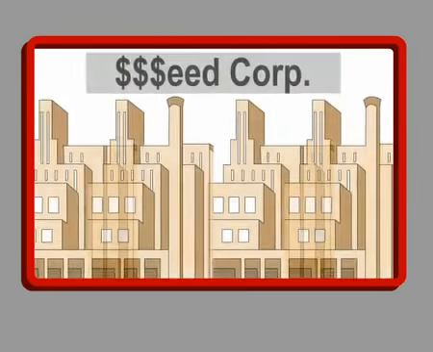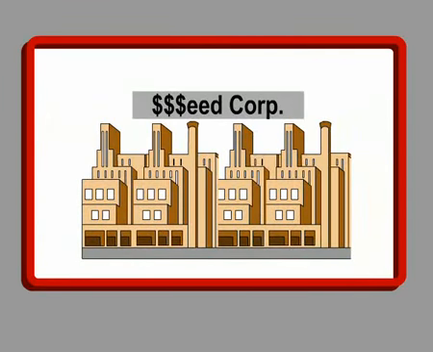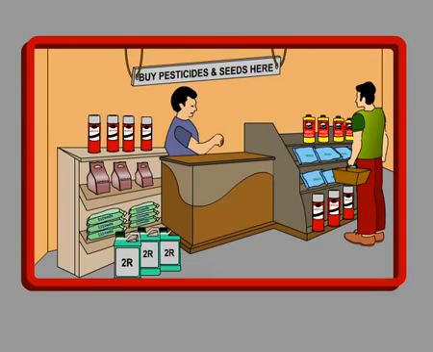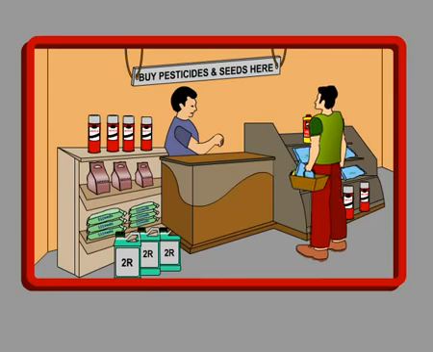Not many people realize that GE rice is created and patented by huge agrochemical companies solely for profit. Patenting means that farmers cannot save and use seeds like they have done for generations. Instead, they will have to buy new GE seeds from the companies every cropping season.